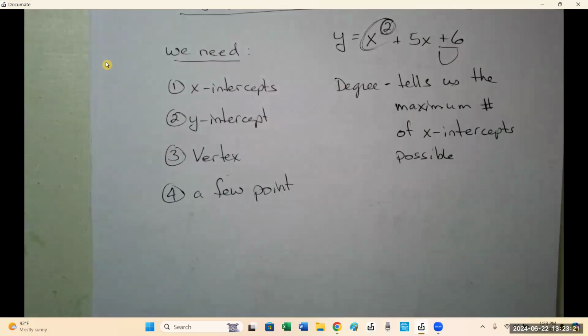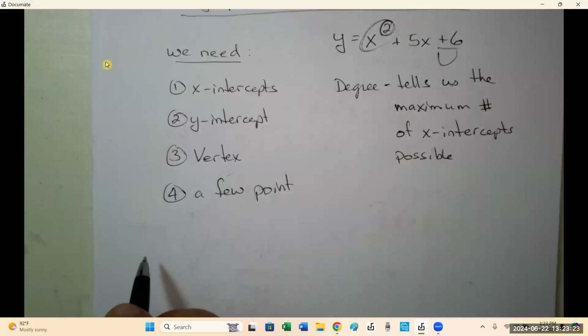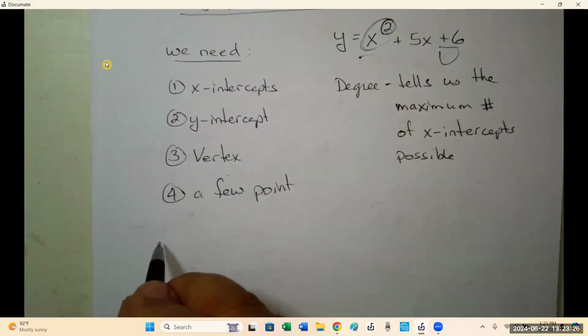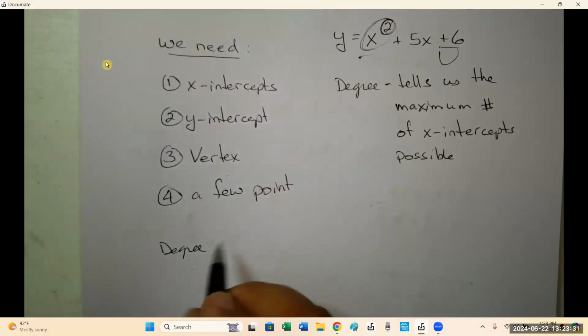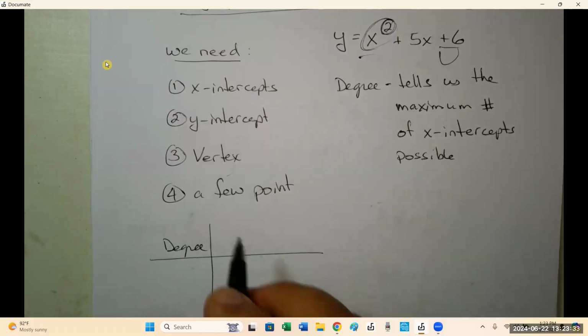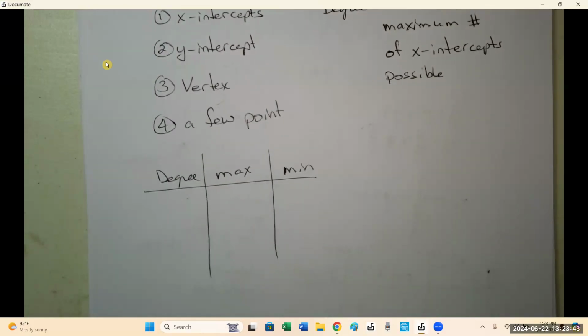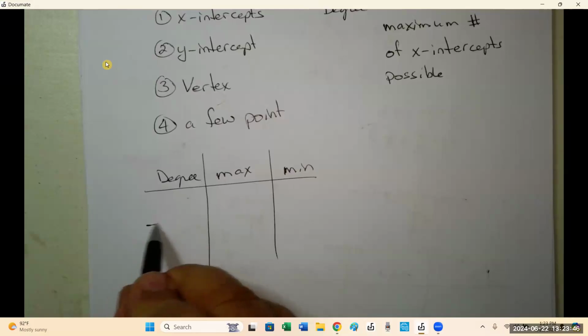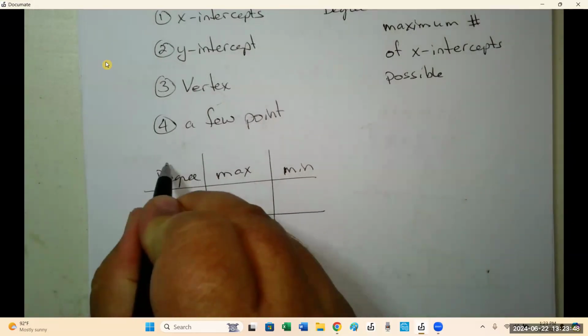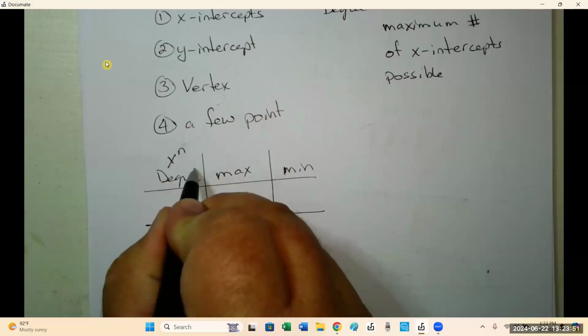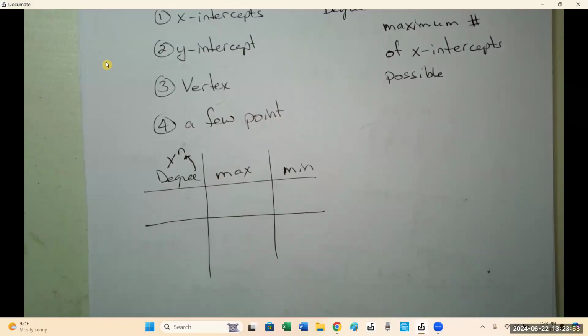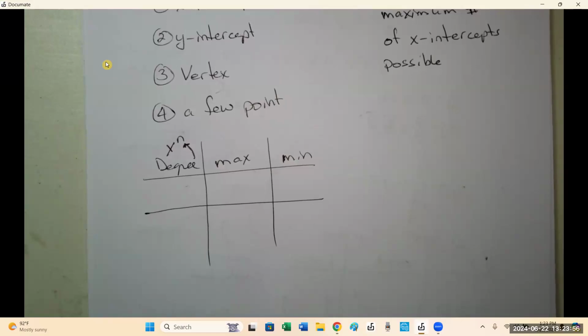So let's review what the leading term tells us. So we have the degree. We have either a max or a min. Remember, the degree is the largest exponent of your function.